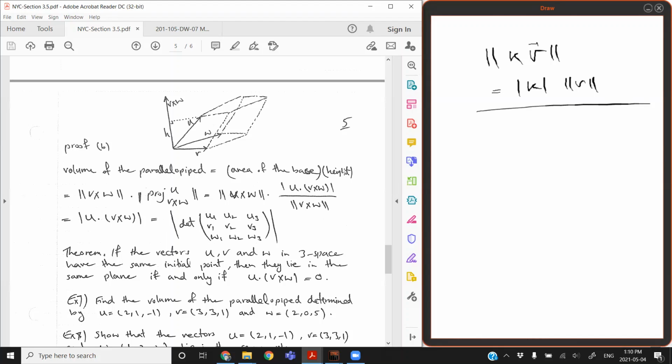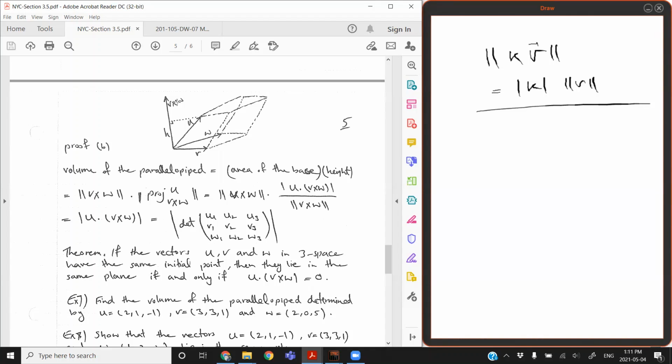Now, we have a formula for the area of the base, right? The area of the base is simply the norm of the cross product of v and w. What about the height? The height is simply the projection of u along the cross product. Because what is the height?